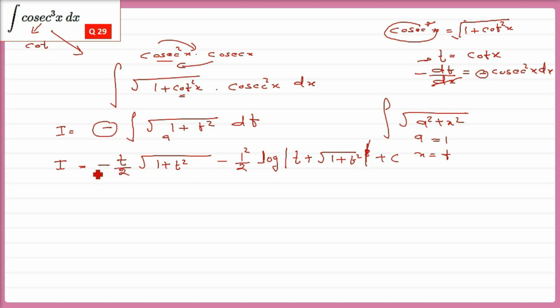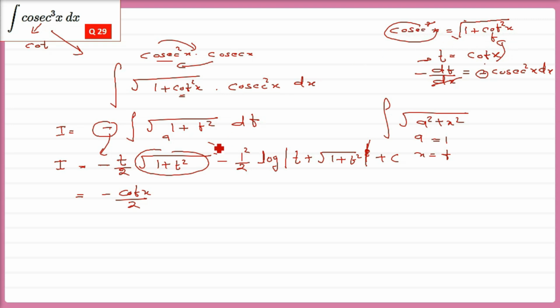Now these both negative signs are just because of minus dt, which we discussed earlier. So these two negatives are there. Now let's do the final replacement, because t was taken as cot x. So this will be negative cot x divided by 2 under root 1 plus t square. What was under root 1 plus cot square?